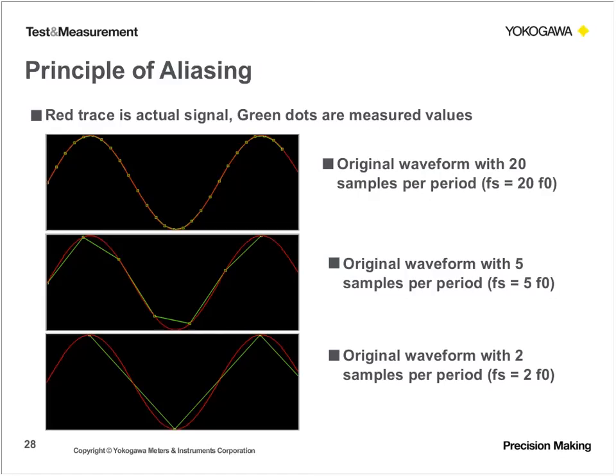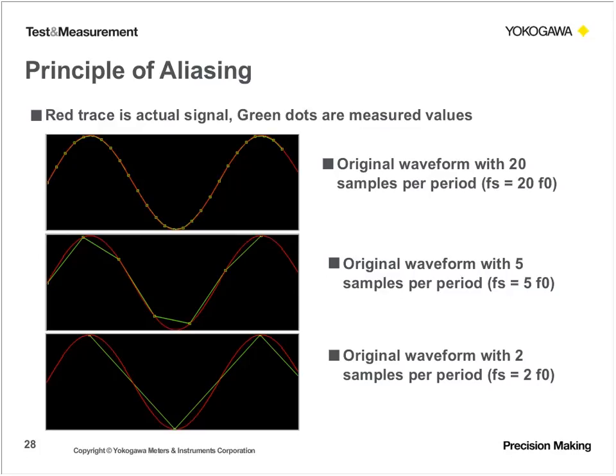The green trace is the signal that we capture on our data acquisition device. You can see here a waveform where we're sampling at 20 samples per second, and maybe the frequency of the signal is 1 hertz.